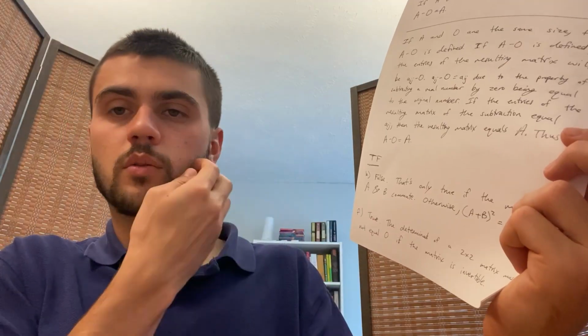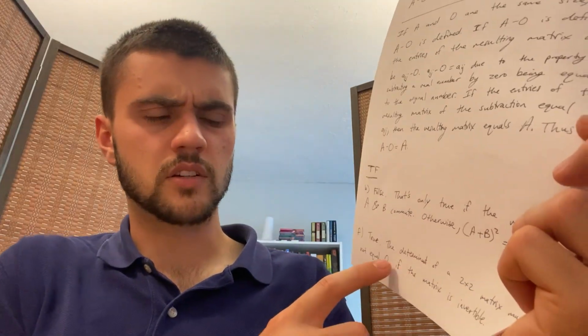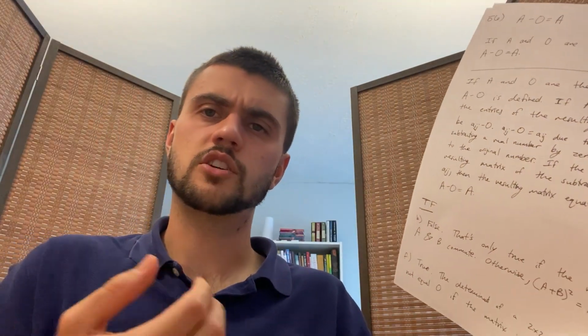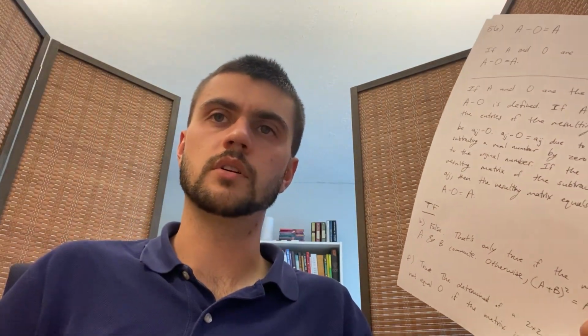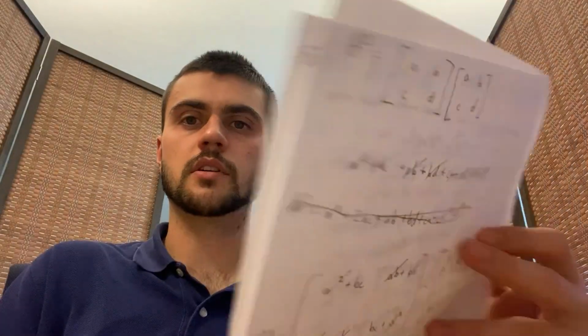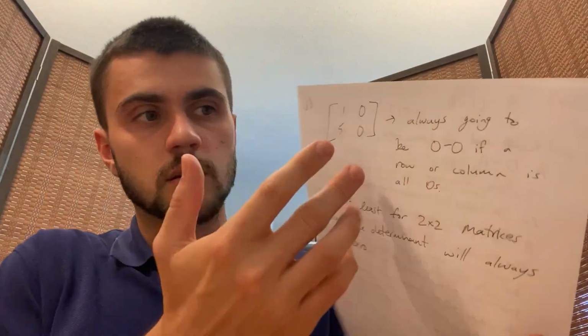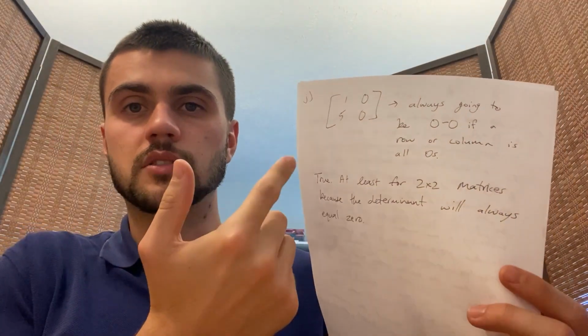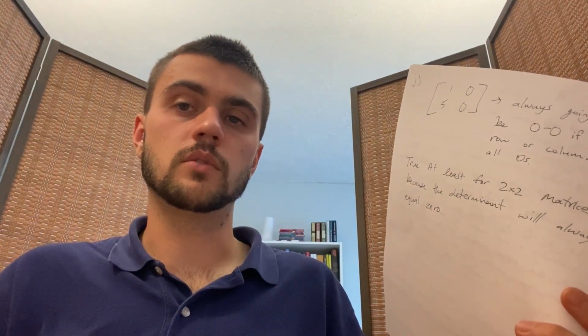Next, does the determinant have to not equal 0 for a matrix to be invertible? Yeah, just based on the definition we learned of how to know if a matrix is invertible. And similarly, if a row or a column is all zeros, is the matrix invertible? No, because the determinant's always going to be equal to 0. So, boom.